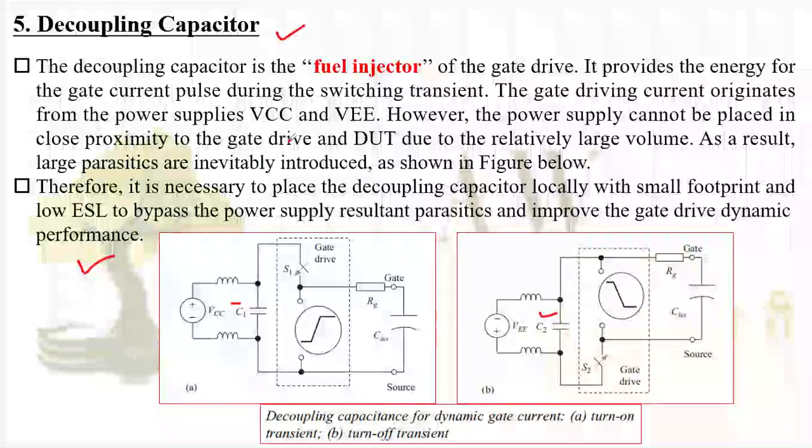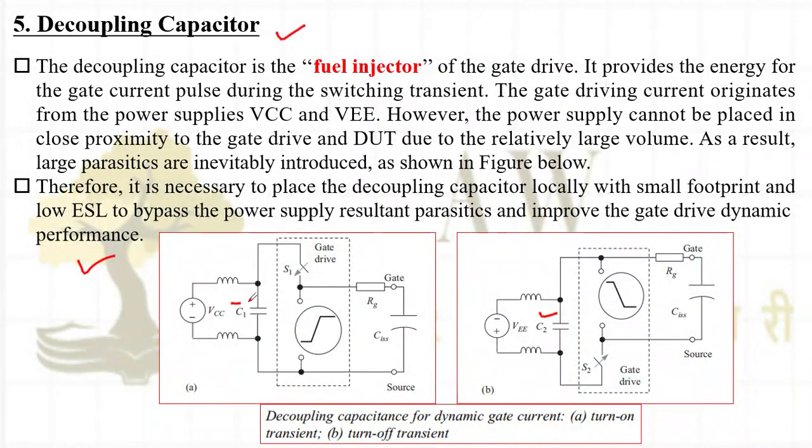What I wanted to say is that my input supply is placed a bit more distant from the device under test. Because of this, my length will increase and the parasitics will also increase.